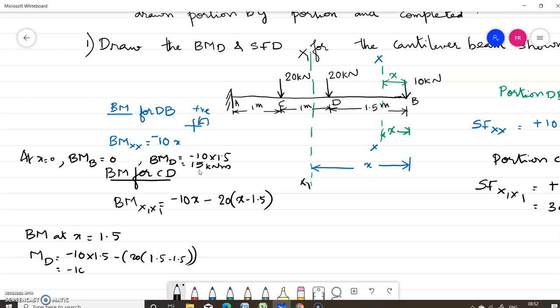So this is equal to minus 10 into 1.5, which is equal to minus 15 kilonewton meter.